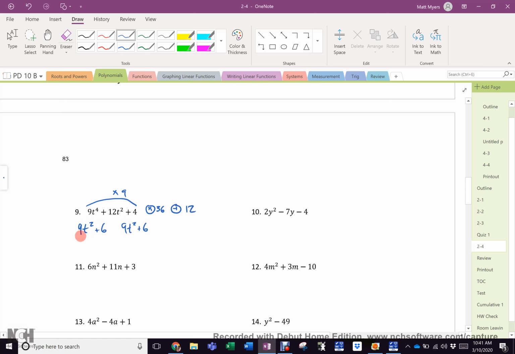In no-name method, do I actually keep the GCF? No. Divide by, what's my GCF? So I get 3t squared plus 2 and 3t squared plus 2. And I'm done. Because 3 times 3 is 9, 2 times 2 is 4, 3 times 2 is 6, 2 times 3 is 6, 6 and 6 is 12.